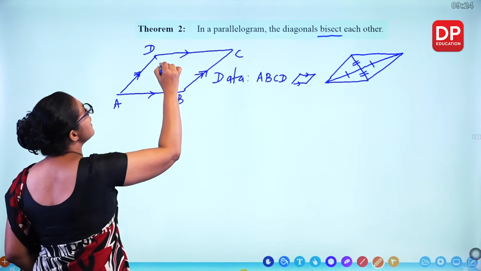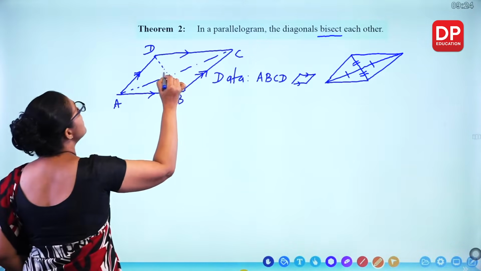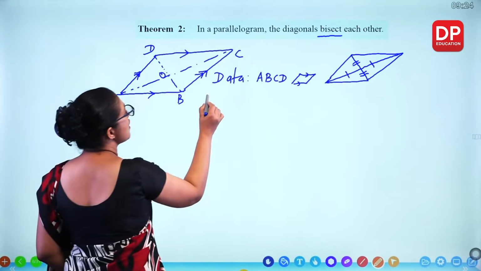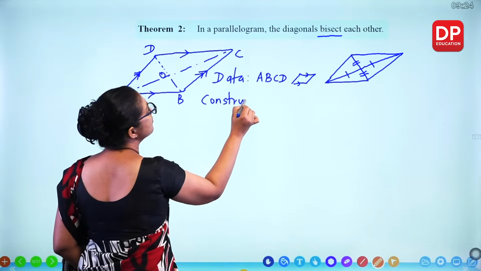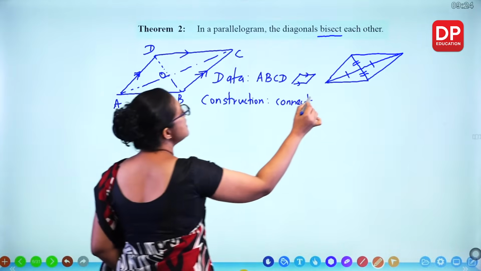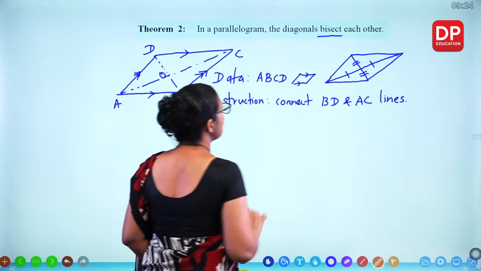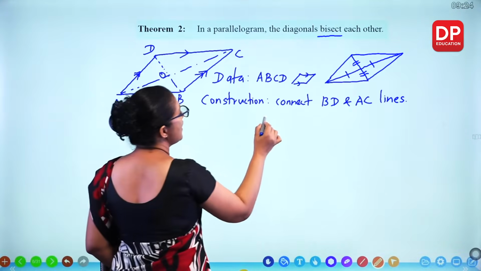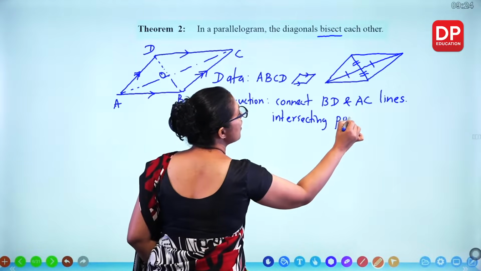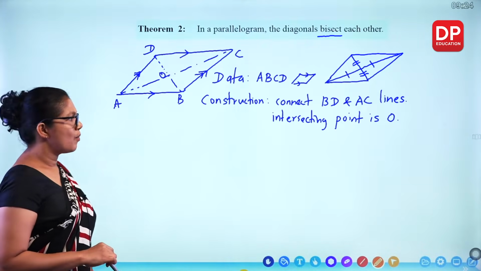So we'll connect BD and AC lines and put O as the intersecting point. Construction, connect BD and AC lines. The intersecting point is O. We'll take the intersecting point as O.